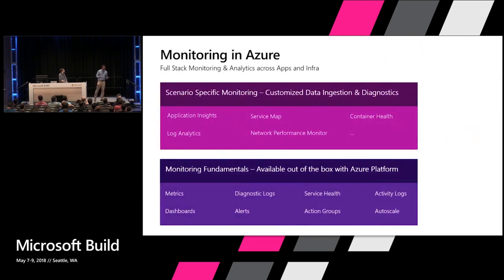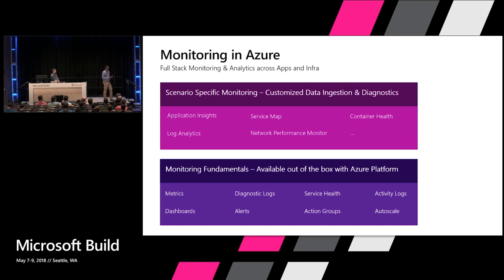Now, what do we have to offer here? We have a broad range of capabilities in Azure monitoring. At the base level, the bottom layer, is the monitoring you get out of the box. This is for any user just signing up for Azure. You sign up for a set of VMs or IaaS or PaaS services, and you get a base level of monitoring capabilities for free, just because you've signed up.